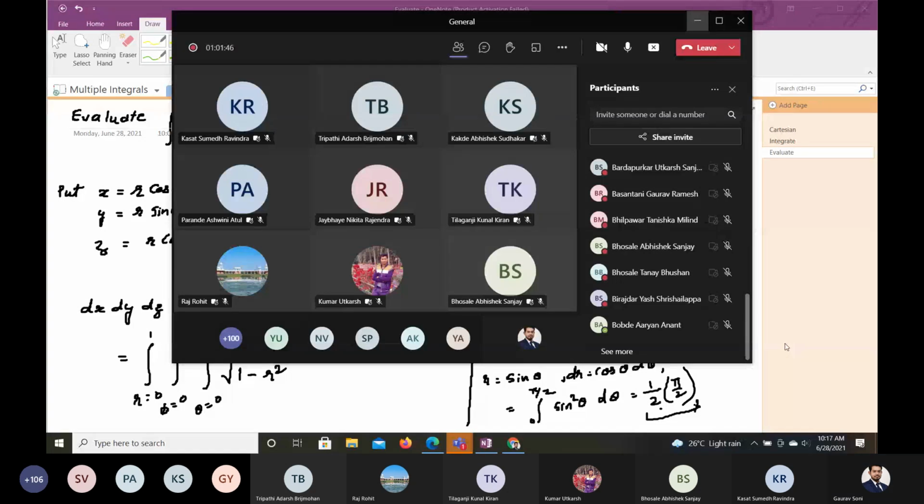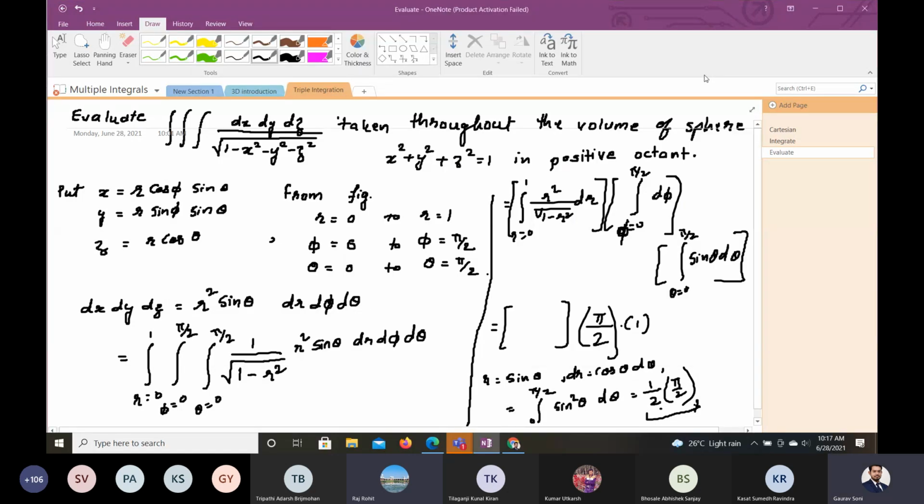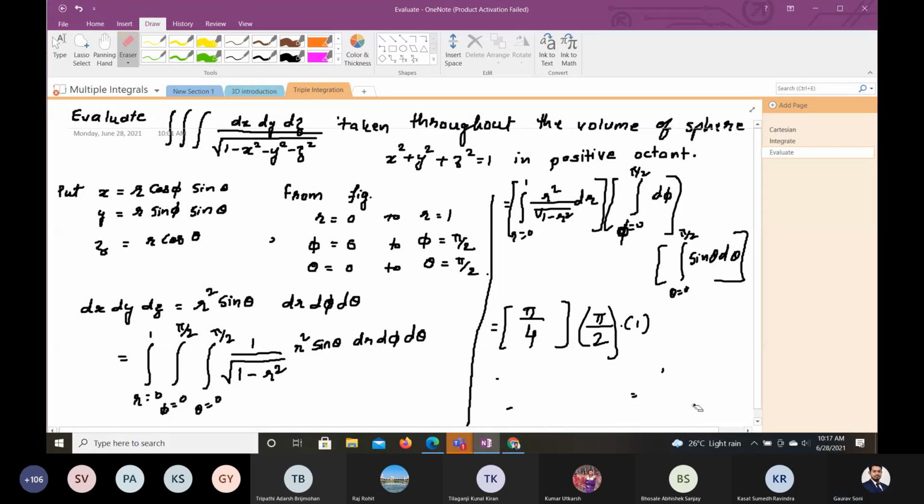It is the sine n theta formula, the reduction formula that I have used. So this is pi by 4. Look up the calculations. So the final answer is pi by 8. Pi square divided by 8.